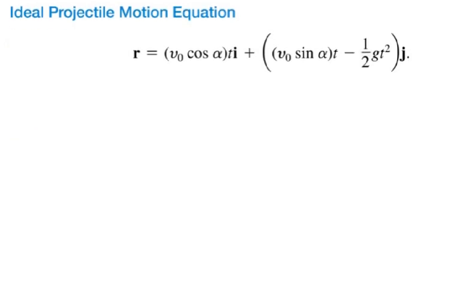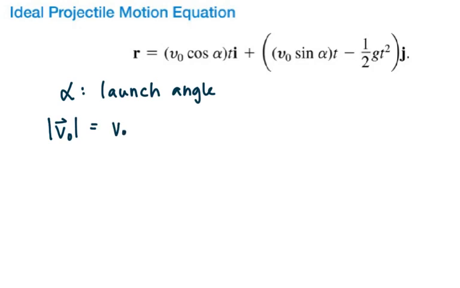So let me write that in there. We've got that alpha is the launch angle, or our angle of elevation, and then the magnitude of the v vector gives us this v naught, which is an initial speed.